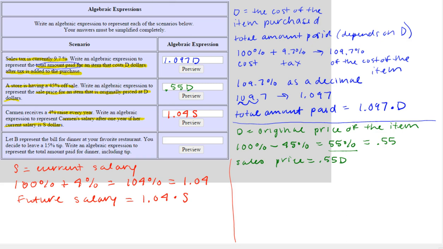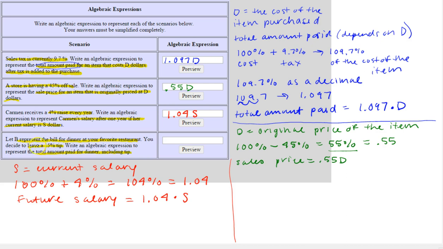Last one. Let B represent the bill for dinner at your favorite restaurant. You decide to leave a 15% tip. Write an algebraic expression to represent the total amount for dinner, including tip. So notice this is more similar to the first and the third one because we are adding on 15%.